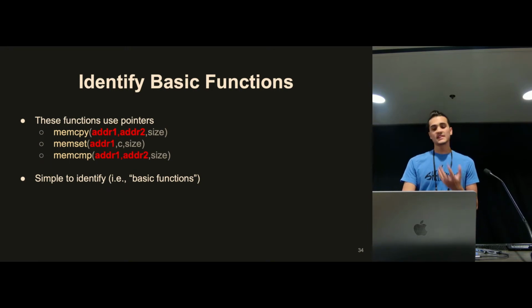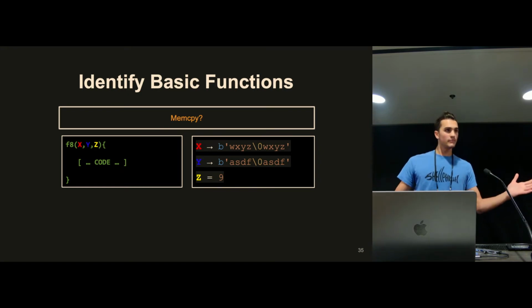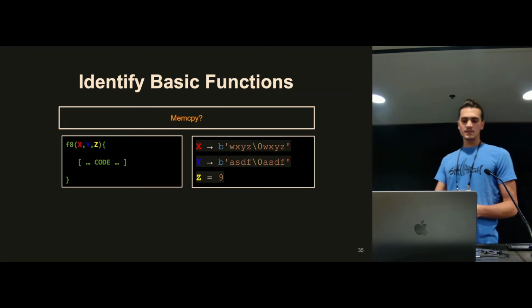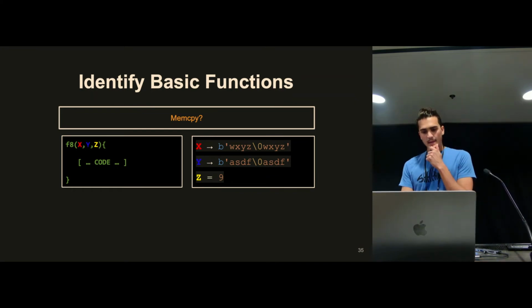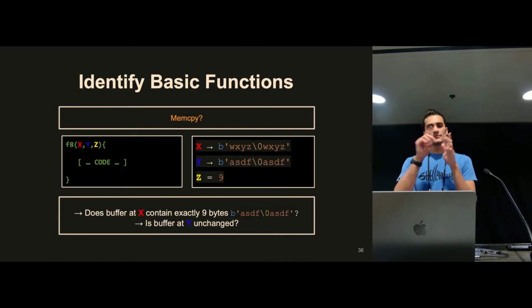So, for example, let's say we want to identify memcpy in this jungle of functions we identified in the binary. Let's say we grab a candidate, F8 in this case, on the left. Let's say we know this function takes 3 parameters. We set these 3 parameters to known inputs, we run the function, and we check at the end if the execution respects the behavior of a memcpy.